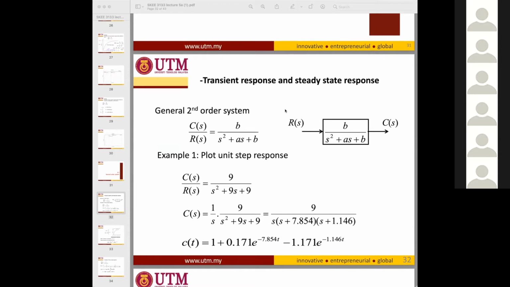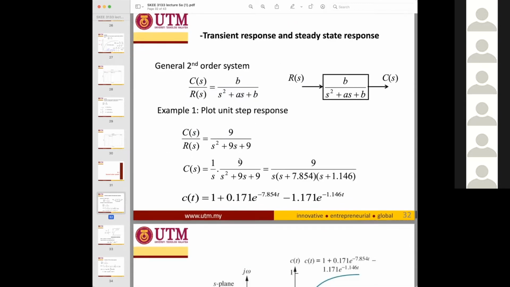Okay, so general second order system is C over R equal to B over S square plus AS plus B. So S square plus AS plus B is a quadratic equation. Everybody say quadratic equation.